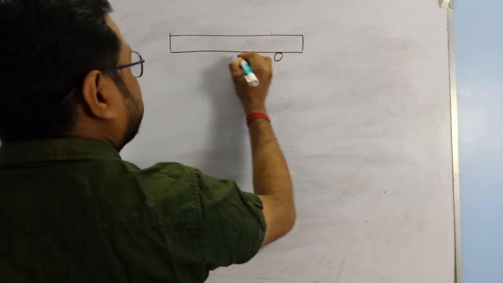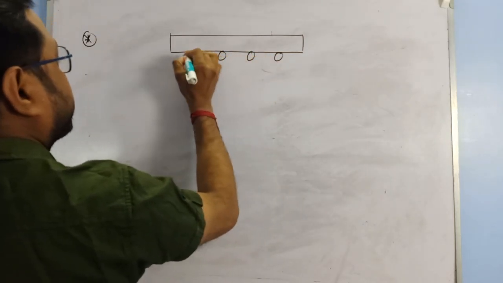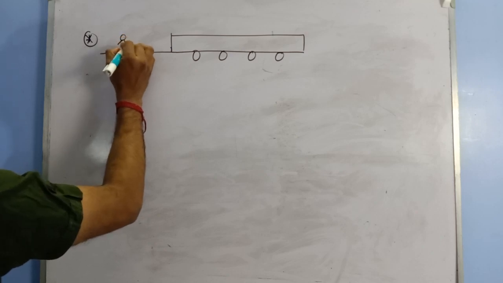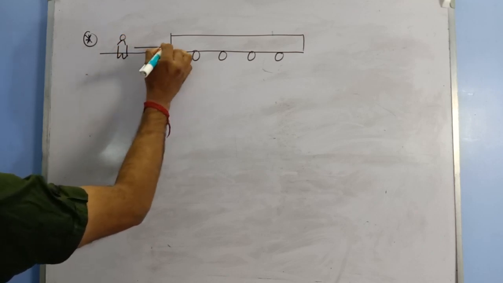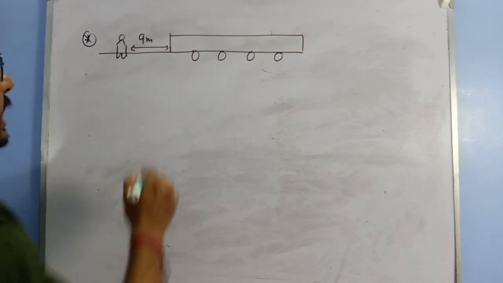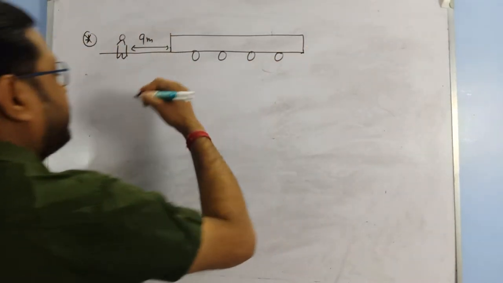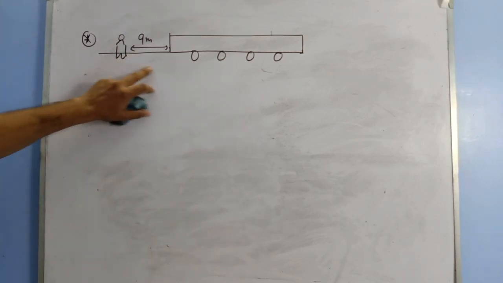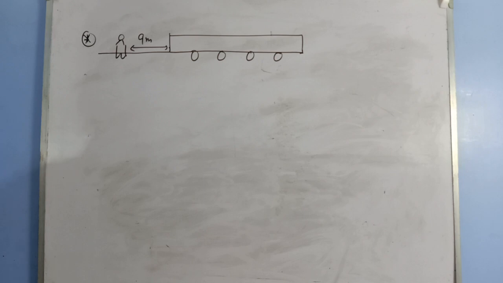This is like a train. If this is the platform and a man is standing behind the train about 9 meters. So when the train starts to leave the station, a man is running to catch the train.